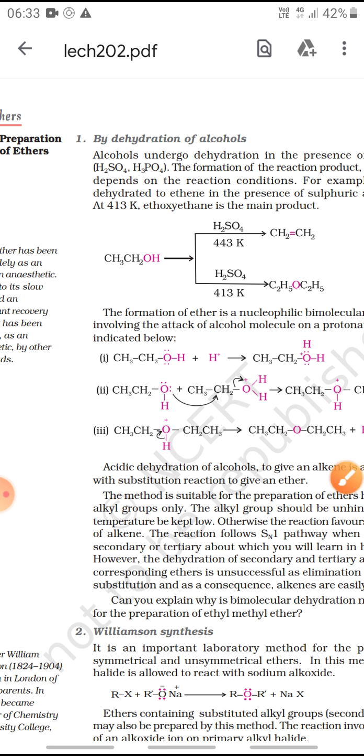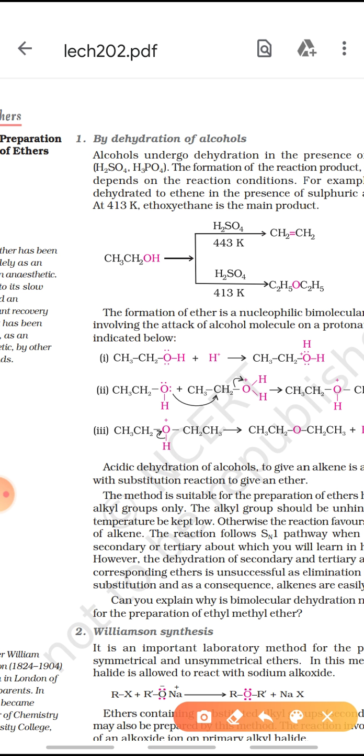We have already done this reaction in the previous session, in which alcohols are dehydrated at a temperature of 443 Kelvin in presence of sulfuric acid, which is a very good dehydrating agent, and result in the formation of an alkene, that is acid catalyzed dehydration of alcohol to form an alkene. This we have done in the previous session. We have done the mechanism also.